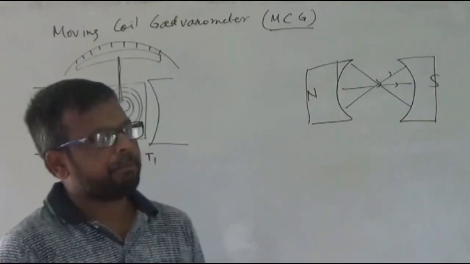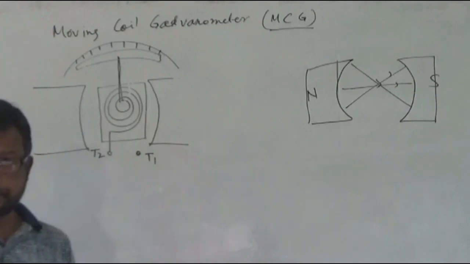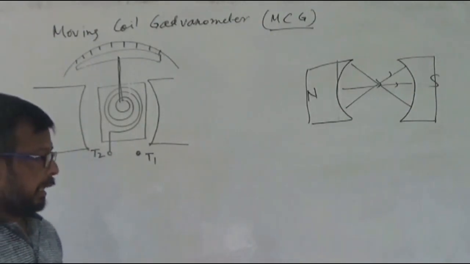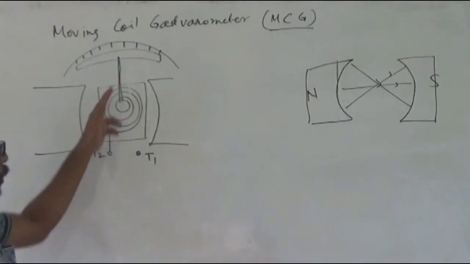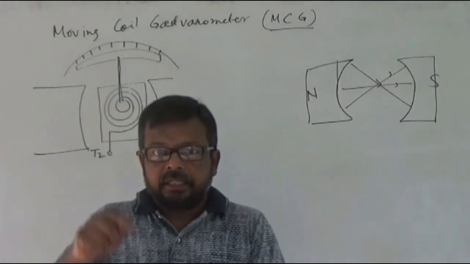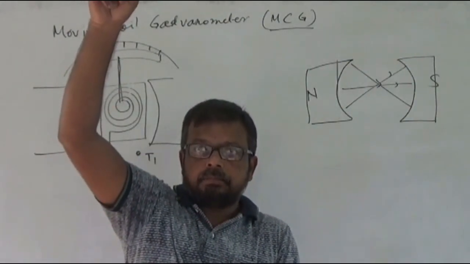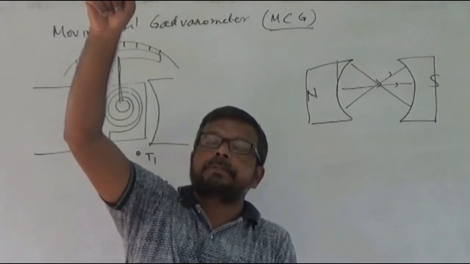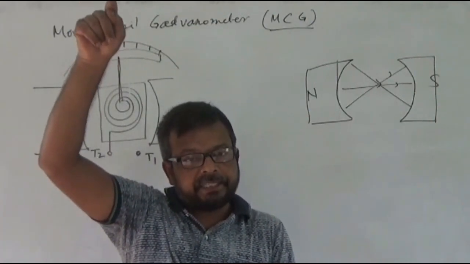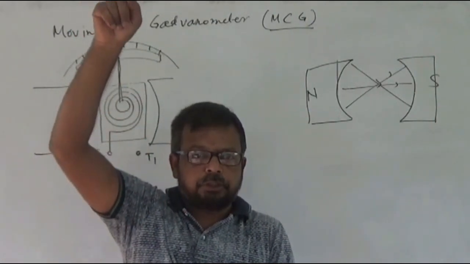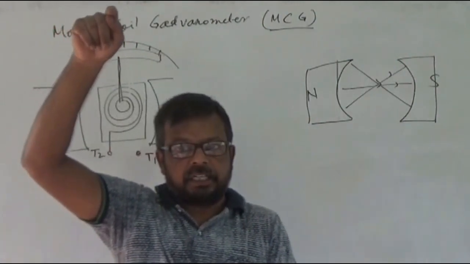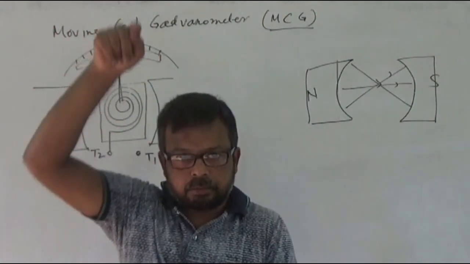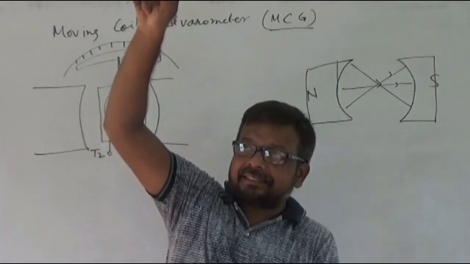And another type of moving coil galvanometer is called the suspended coil galvanometer. In that case, the coil is suspended from a point of suspension on the ceiling by the phosphor bronze, like a spring, right? Here like a thread, and that thread is connected.